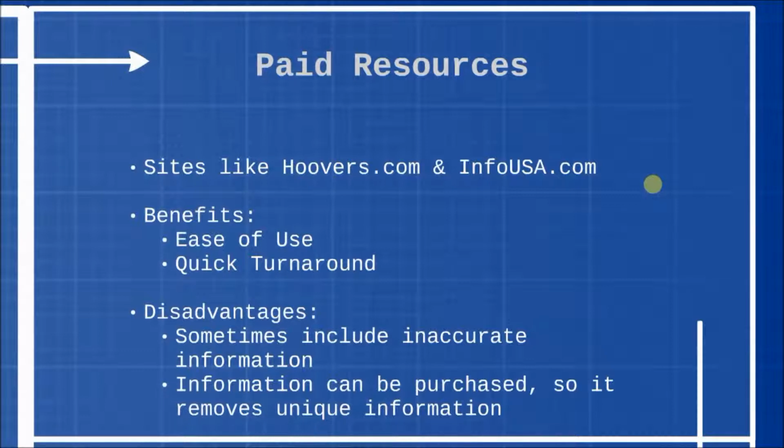Also, they include information that can be purchased, which removes any unique modifiers that you're able to plug into your own search. Not to mention, these sites are pretty expensive for companies to invest in.